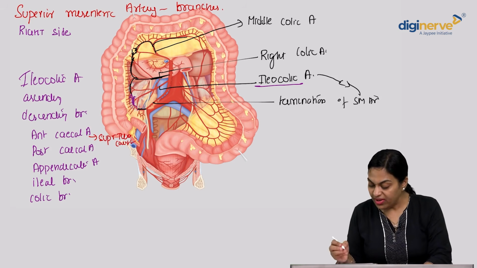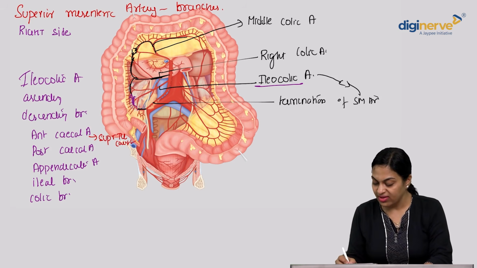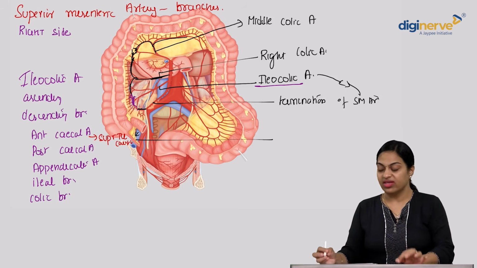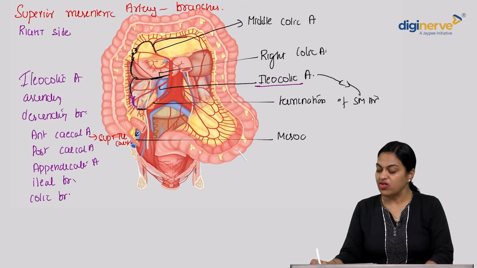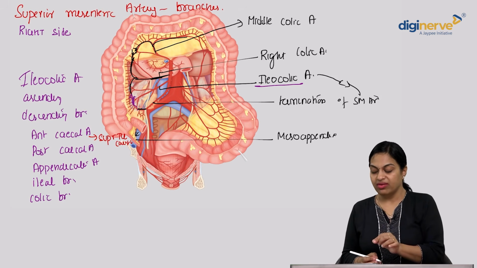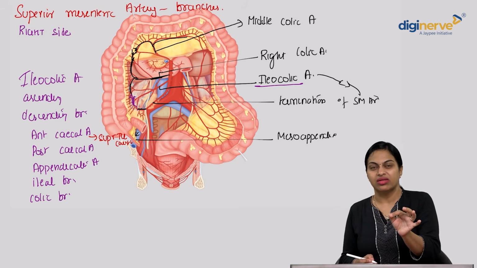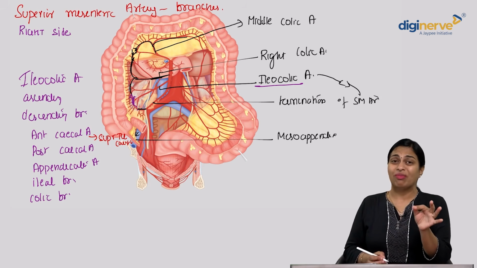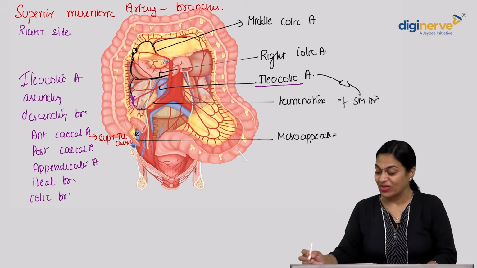The appendicular artery you can see here. This is the appendicular artery, and the peritoneal fold in which it lies is called the mesoappendix. This appendicular artery will reach the tail of the appendix close to its tip. The tip of the appendix is the least vascular.